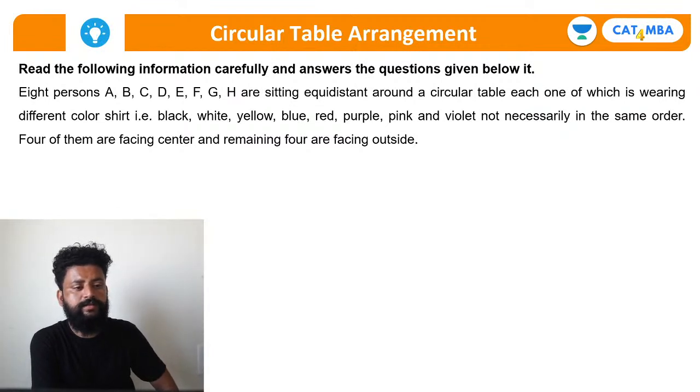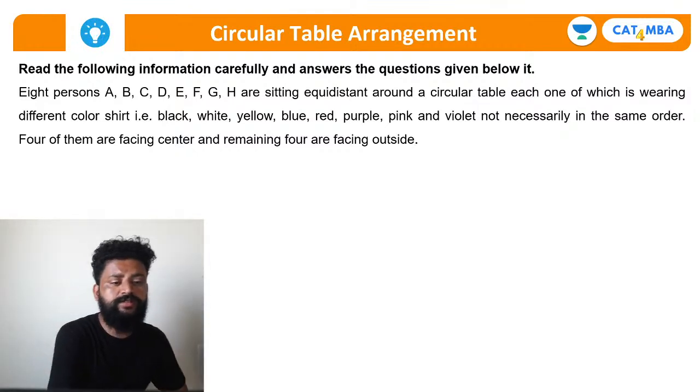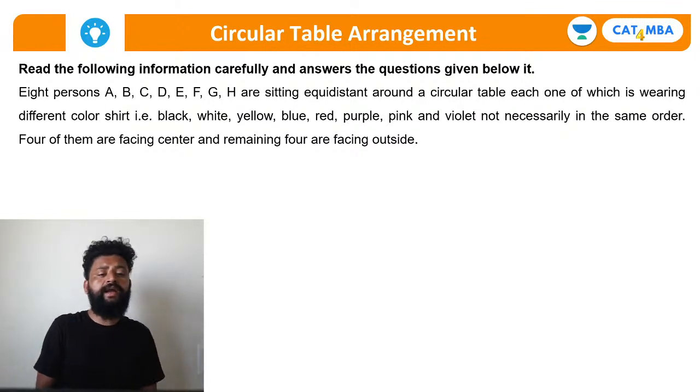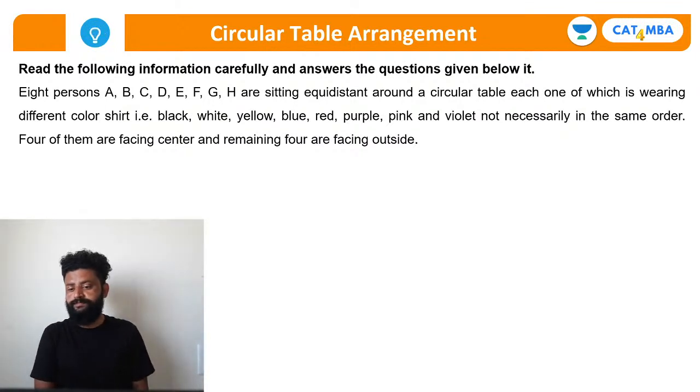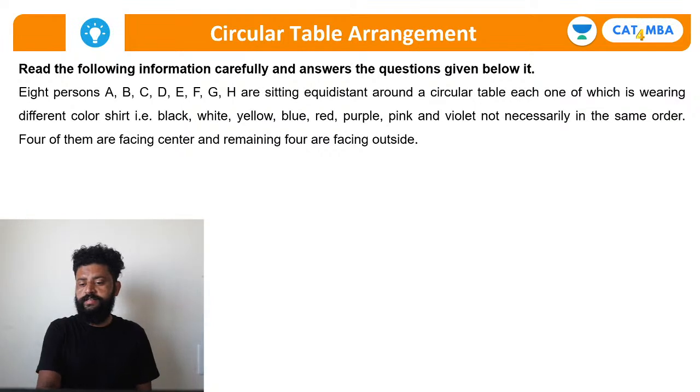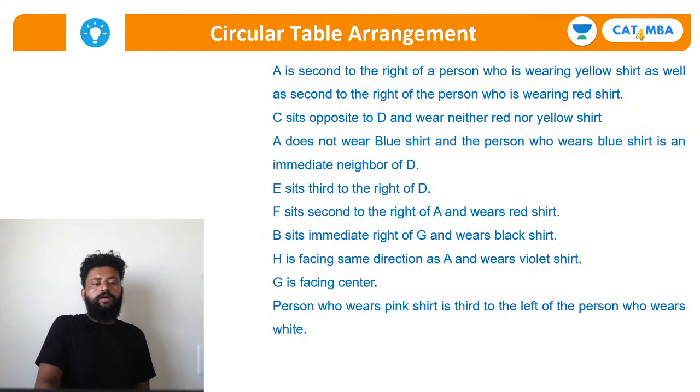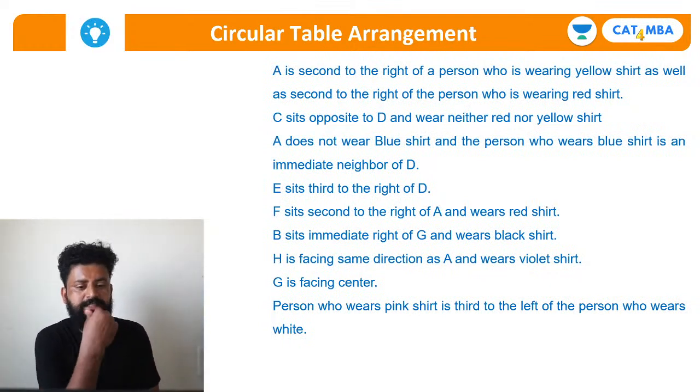So this again has lengthy information. We need to identify the colors of their shirts, not necessarily in the same order. Then 4 of them are facing the center and the remaining 4 are facing outside. That's again an additional condition. Let's move. Okay, so this is the information. I'll just take you through the question once.